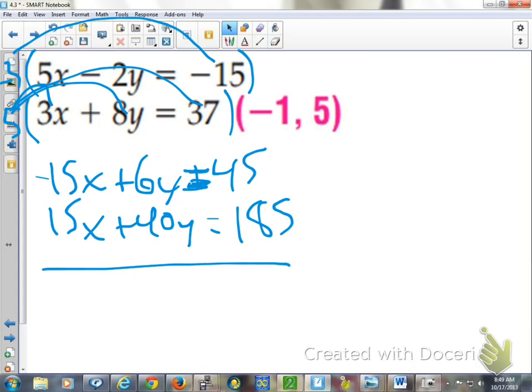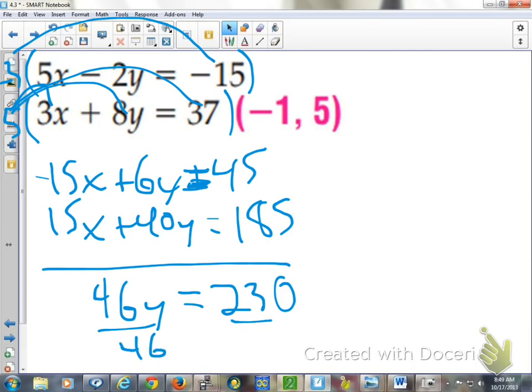Well, homeroom. 6 plus 40 is 46y. 45 and 185 is 230. Divide both sides by 46, and you should get 5. Go back and plug that in for the y. I think the top one would be fine.